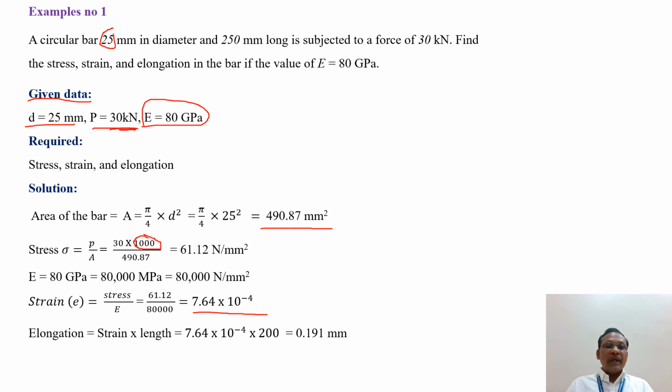Then elongation is nothing but the strain into the original length. Strain already calculated, that is 7.64 into 10 raised to minus 4, multiplied by the original length of the member, 200. So we'll get it as 0.191 millimeter. That is the change in length.